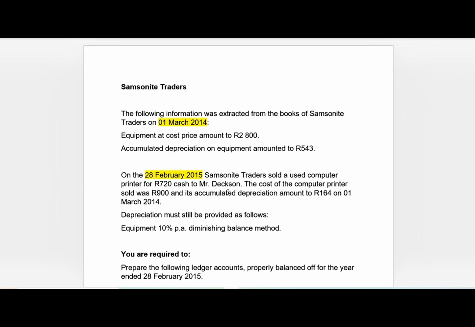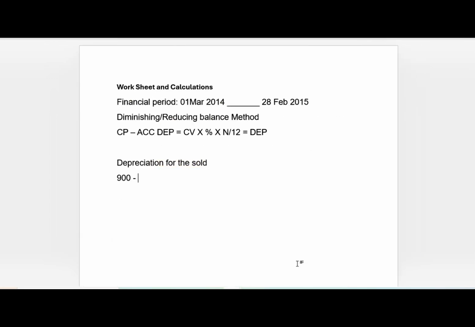Its accumulated depreciation amounted to 164 on the 1st of March 2014. So we say minus 164. Now how much is the carrying value right there? Let's do the carrying value first. It's going to be 900 less 164.